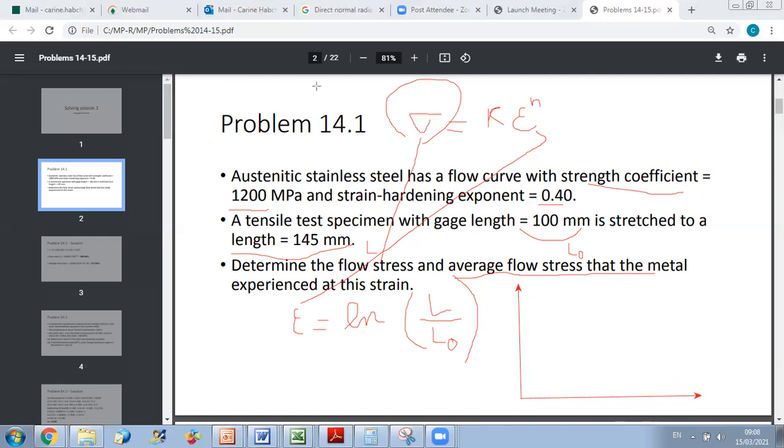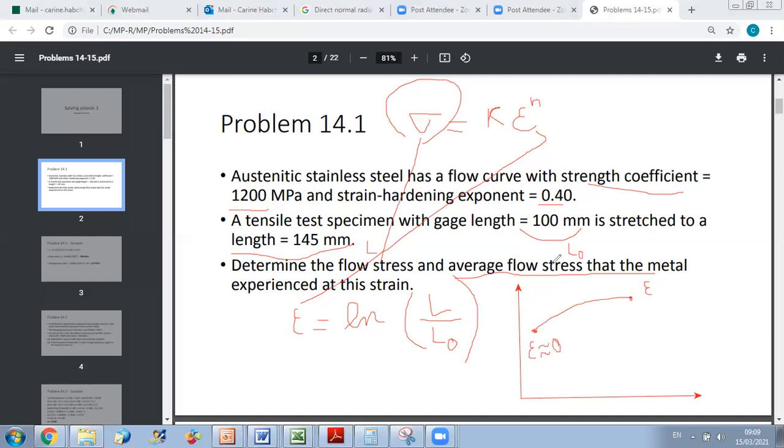This is why we can consider that for the strain hardening flow curve, if we want to find the average value, epsilon at this point, which corresponds to yield, is nearly zero, and this is epsilon at the point we reached.